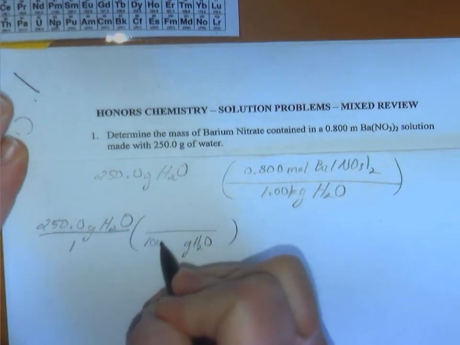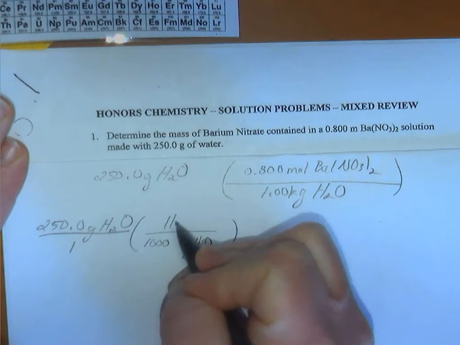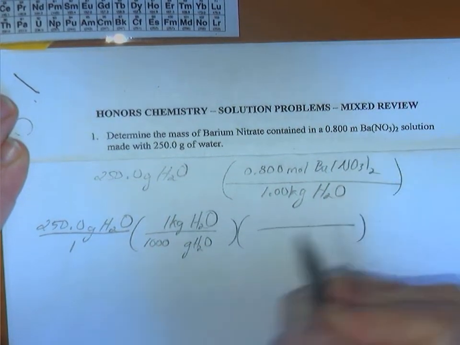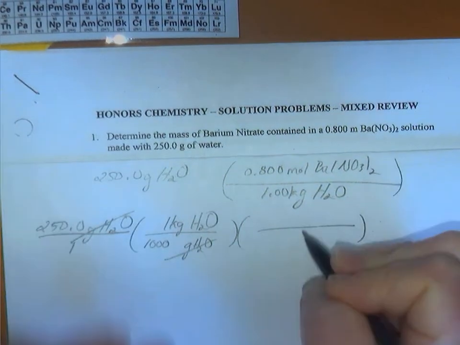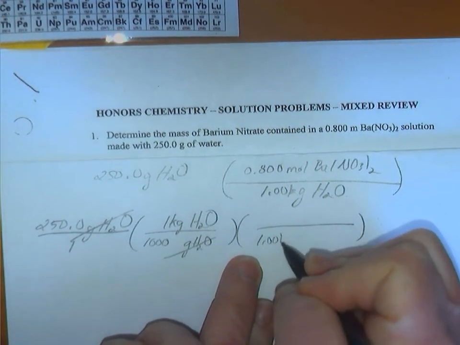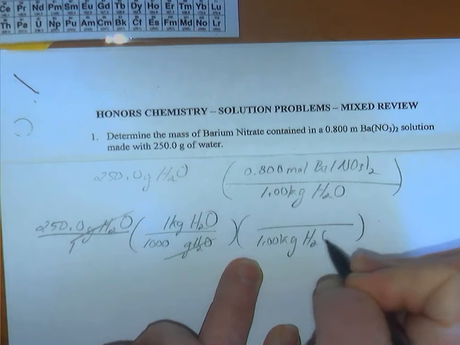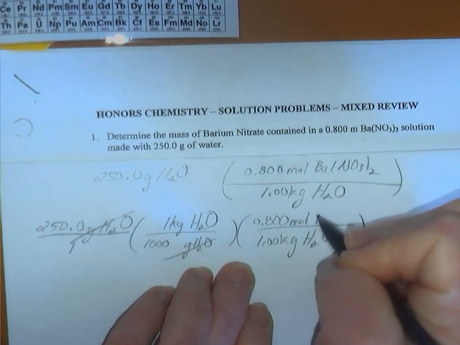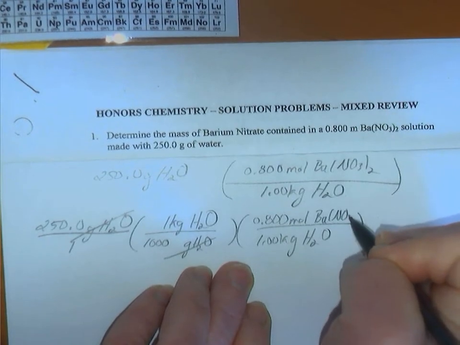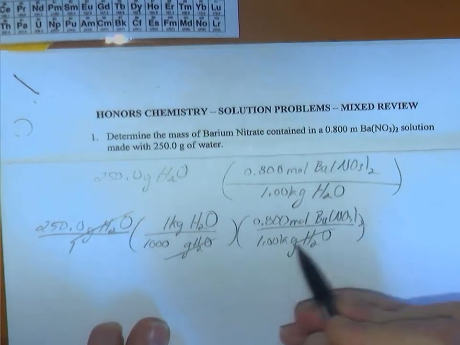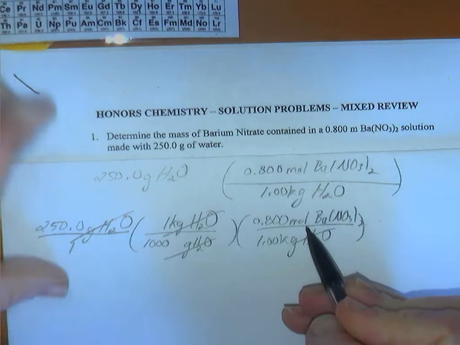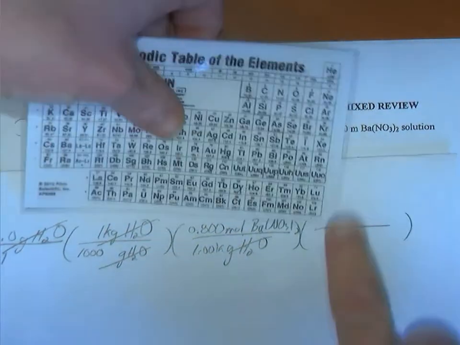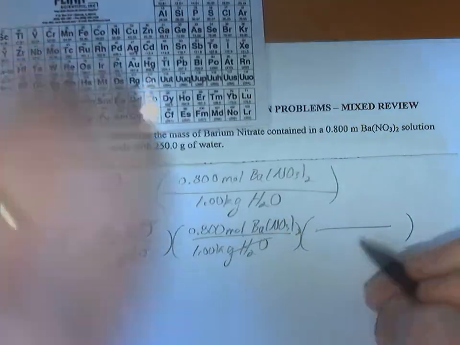So if I convert from grams to kilograms, then I've canceled out grams and I can directly use my molality as a conversion. Check this out. Now I'm in terms of moles of my solute. And we know if we have moles, we just get the formula mass from the periodic table.